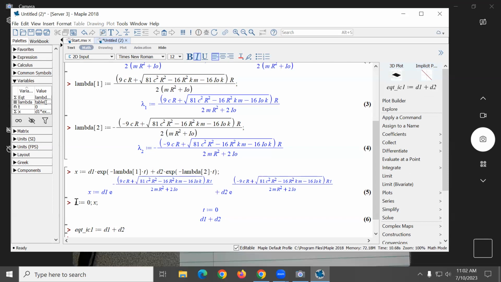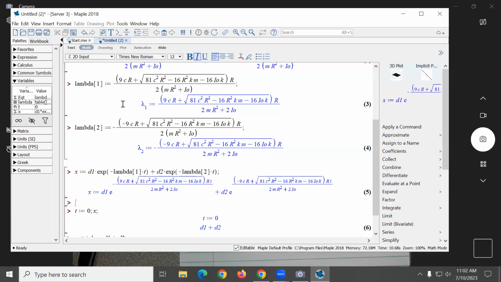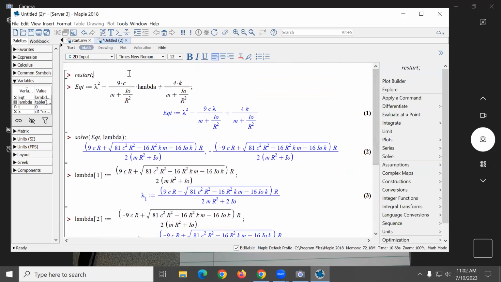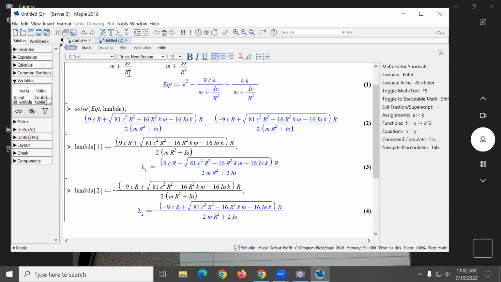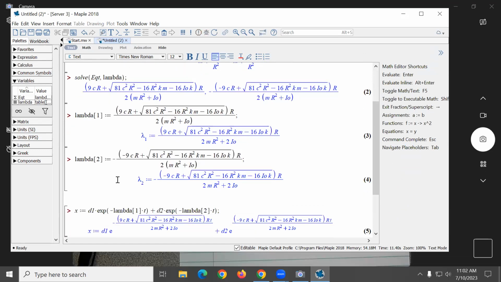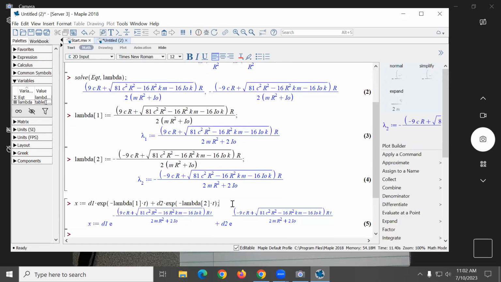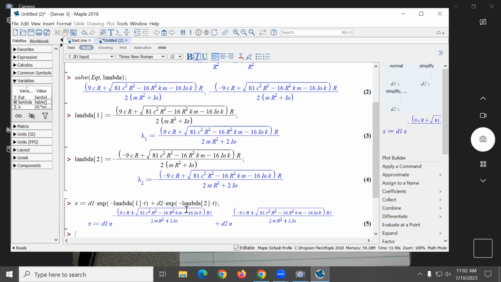Now, I probably need to restart over here, create another one, and restart from 0. MATLAB would have been better for this. So we have this. What is the second condition?